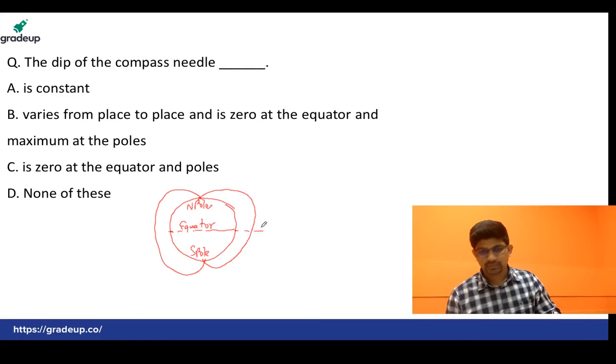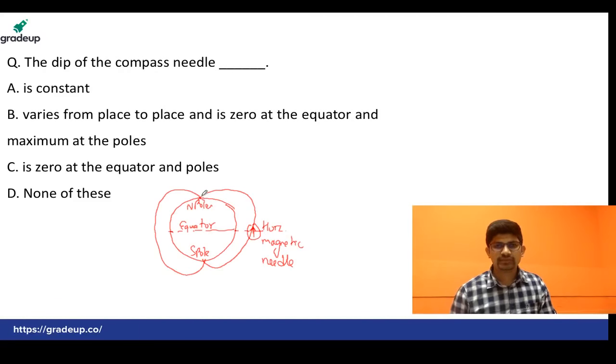So in this direction there is a horizontal magnetic needle. At poles the magnetic fields are perpendicular to the earth surface, while at the equator the magnetic fields are parallel to the earth surface.